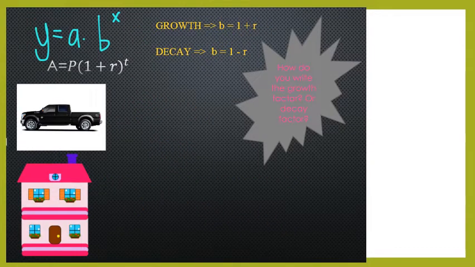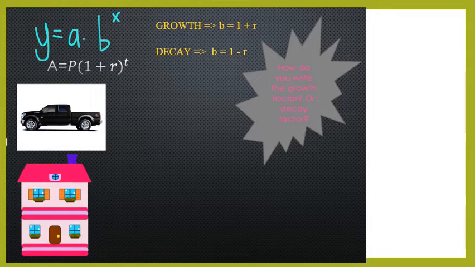Now we're going to try a declining situation or a decay situation, where our number is going to be smaller at the end. In this case, we are doing a car. I have a truck here that's going to depreciate. So again, you're just looking for those keywords, those red flags, so that you know whether you're using a growth situation or a decay situation.